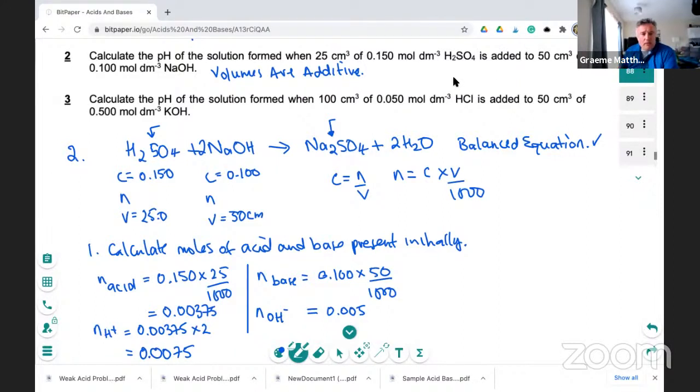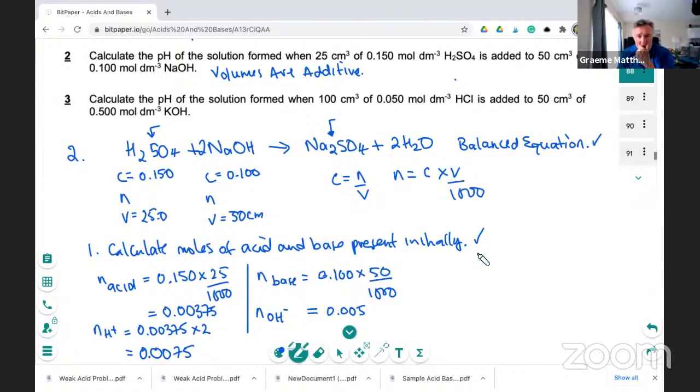As I said last time, the very first thing I do is always write down C and V, concentration, moles, volume, straight off the bat. It's just automatic, okay? So you then put in the data you have: the concentration of sulfuric acid is 0.150 and the volume is 25 cubic centimeters. For sodium hydroxide, it's 0.1 and the volume is 50 cubic centimeters. So I need to calculate the moles of acid and base present initially, and the plan for this one is to figure out which one is in excess.